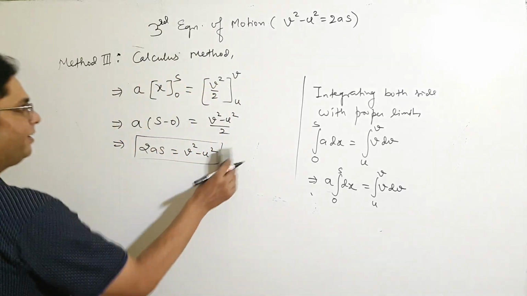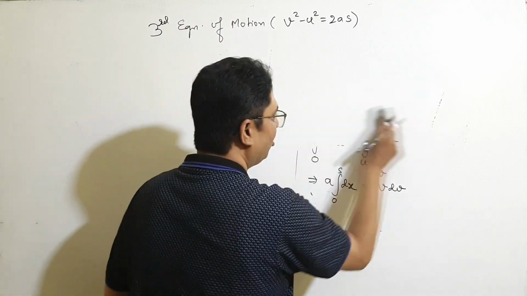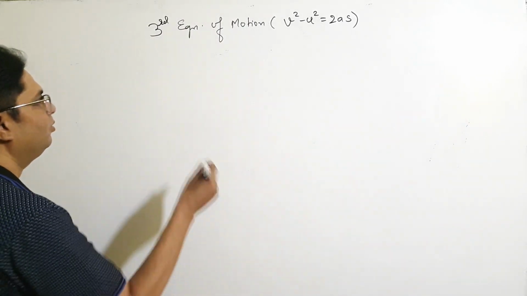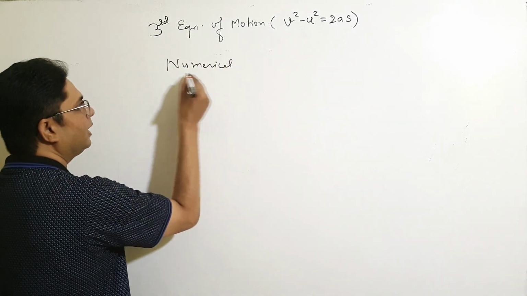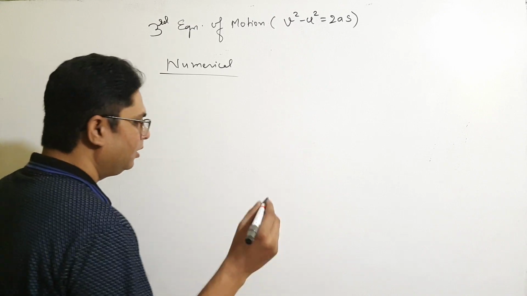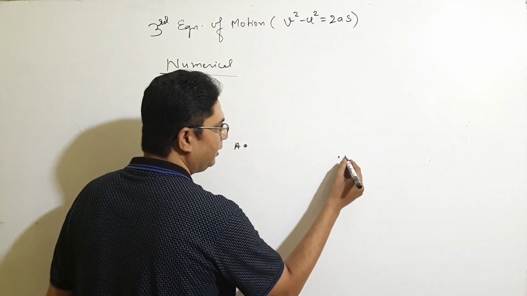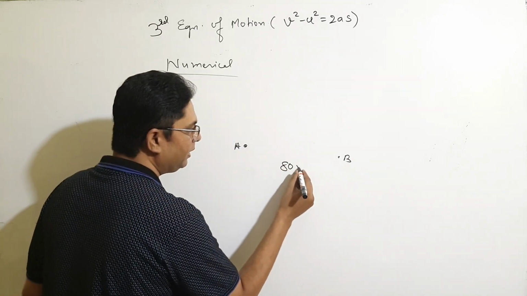Let's see a very interesting numerical based on this third equation of motion. So here you have a numerical and see how to solve it. This is point A, this is point B. Let points A and B be 80 meter apart.